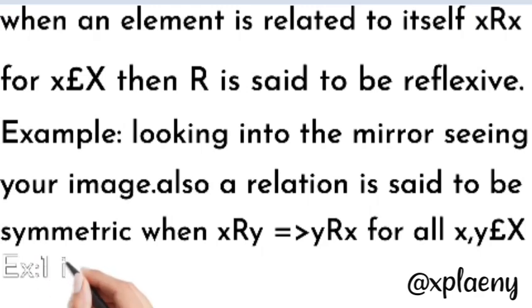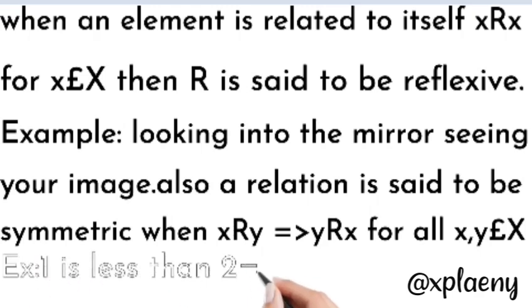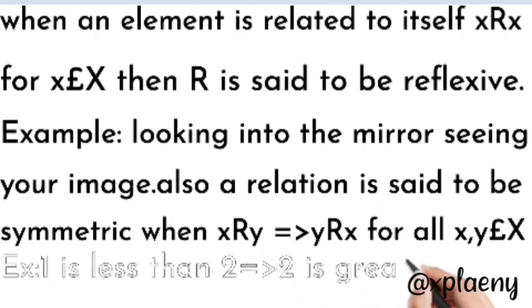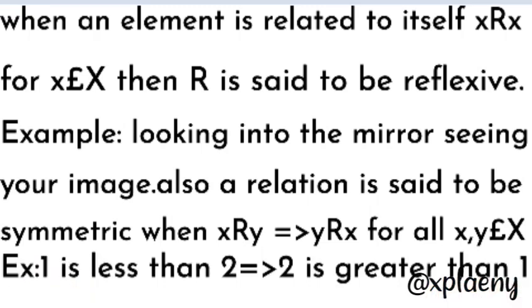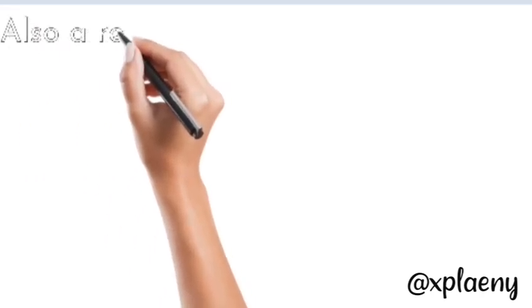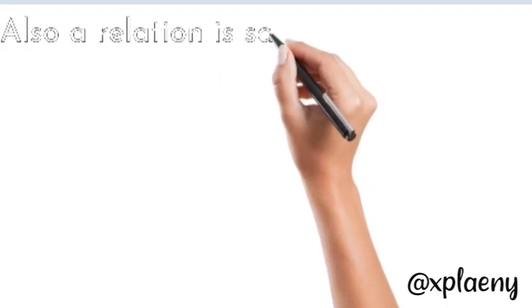We know that the number 1 is less than 2, and this also means that 2 is greater than 1. So in this instance, we can say the relationship between 1 and 2 is symmetric. We can also have this in the form of ordered pairs, where (1, 2) is symmetrical to (2, 1). So that will be the standard representation with ordered pairs.